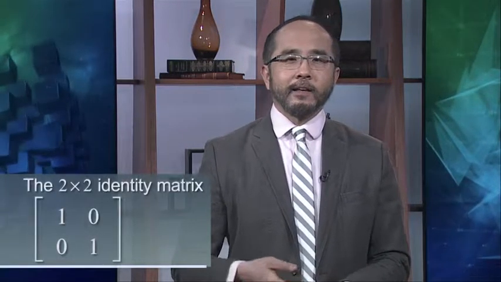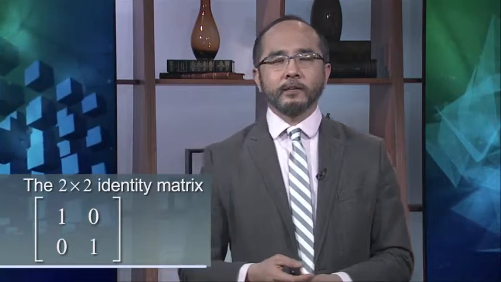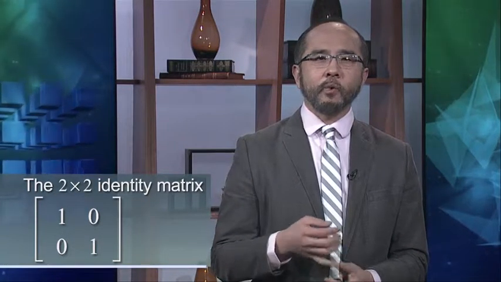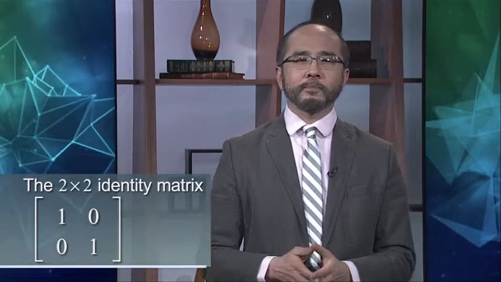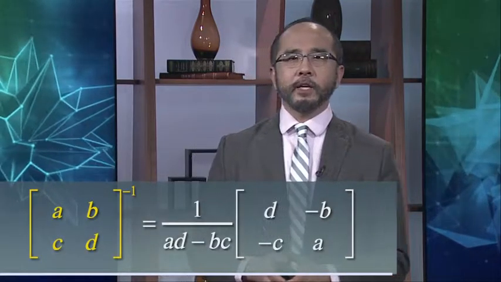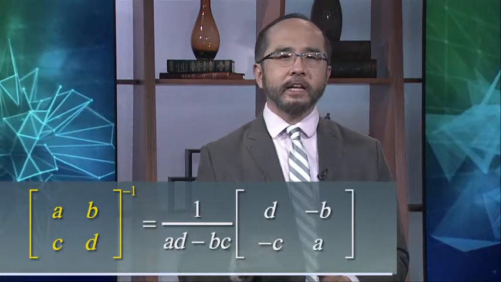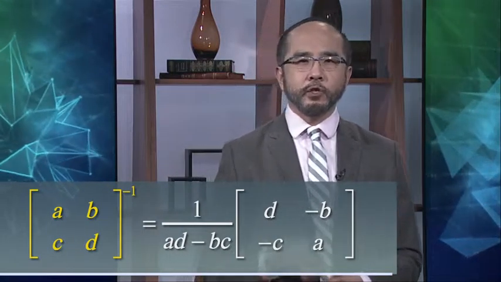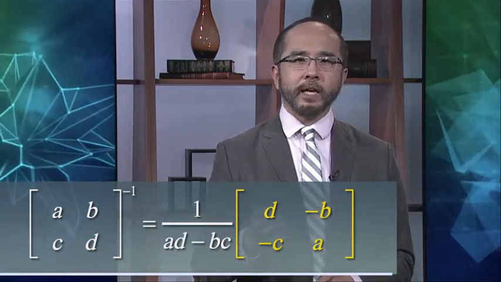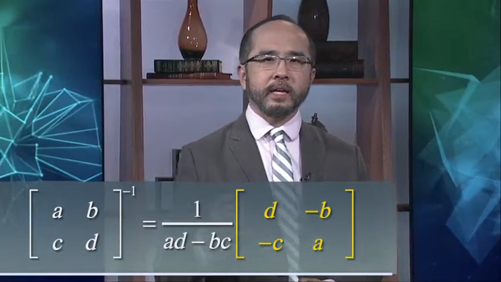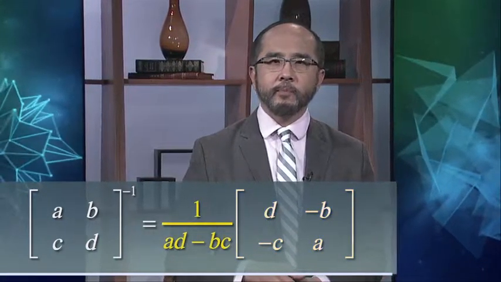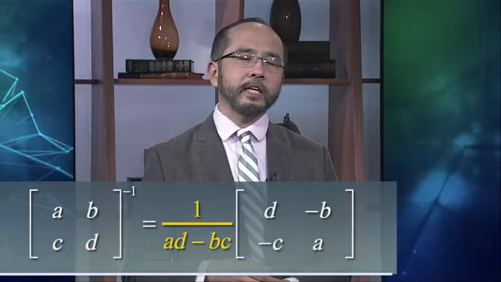For 2 by 2 matrices, the identity is the matrix 1, 0, 0, 1. Then, if the matrix A, B, C, D has an inverse, it will be the 2 by 2 matrix D, minus B, minus C, A, times the reciprocal of the quantity 1 over AD minus BC.